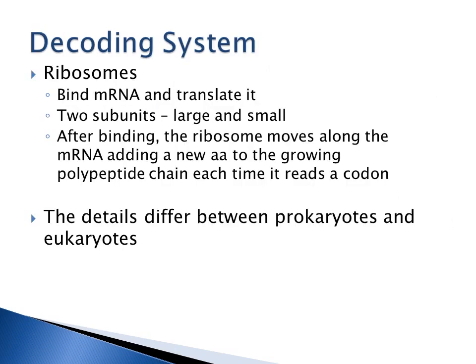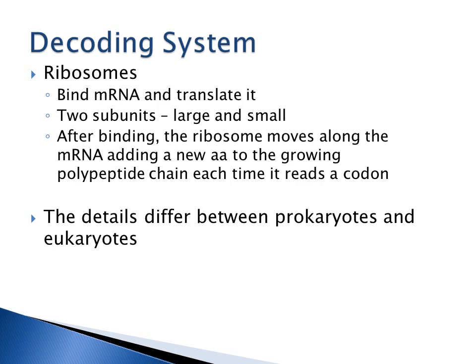So how do we decode this triplet system? Here's where ribosomes come in. Ribosomes bind to that messenger RNA that was transcribed from the antisense strand of DNA and translate it. So ribosomes have two subunits, the large subunit and the small subunit.